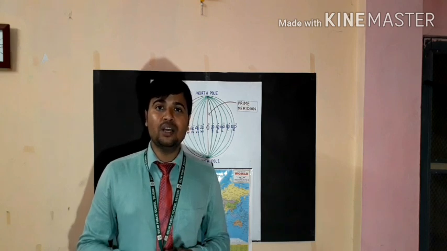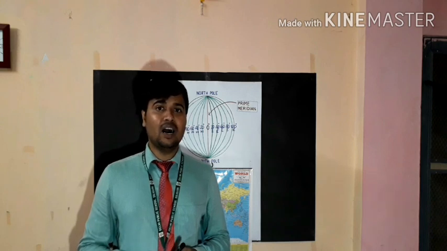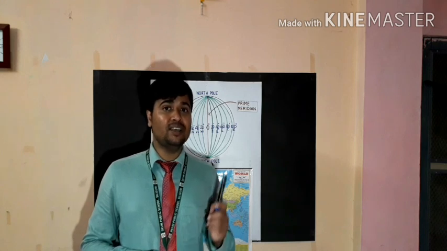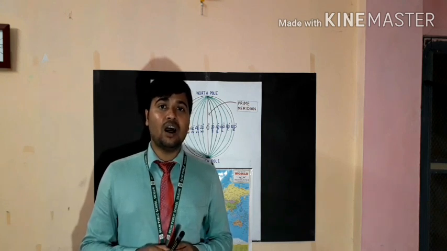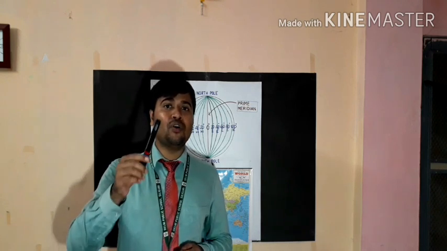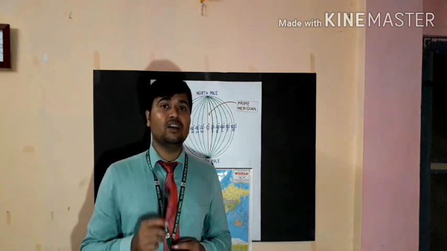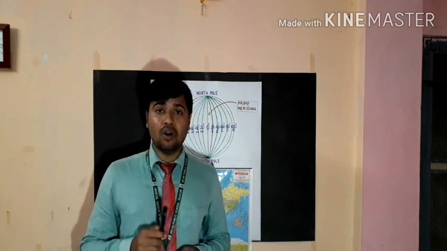Number 1, latitudes are horizontal lines and longitudes are vertical lines. Latitudes extend from east to west, whereas longitudes extend from north to south. Number 2, latitudes are full circles, whereas longitudes are semicircles or half circles.